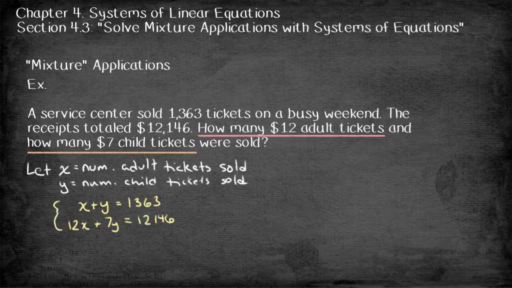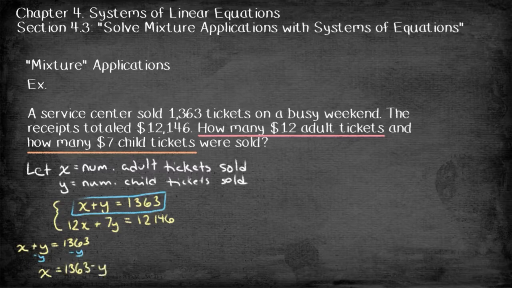So there's my system, and what I'm going to do is solve this by substitution, because I can just subtract one of the variables in the top equation to get the other by itself. And then we go back to the other equation, make our substitution.